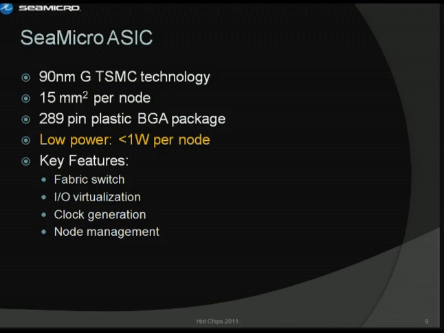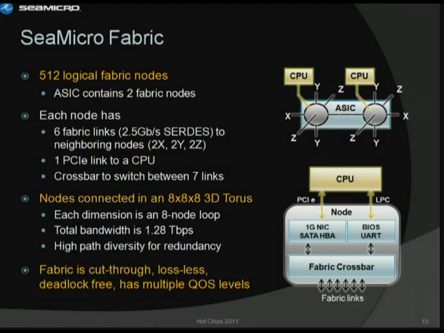The ASIC implements 4 of our key features: the fabric switch, I/O virtualization. It also does clock generation for the CPU, and finally, node management. Each of our ASICs houses 2 of our nodes in the 512 3D torus.